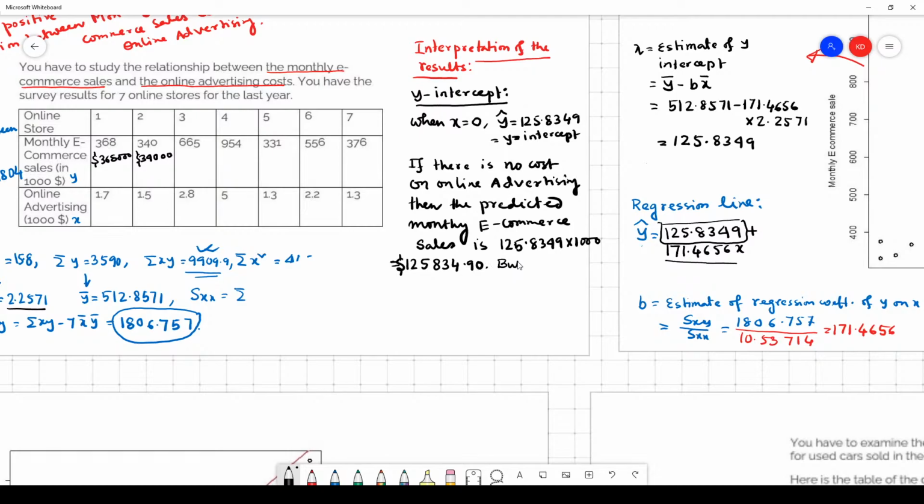Why is it meaningless? Because no cost on online advertising is not possible. So this interpretation, we write it that way, but it is not practically possible.